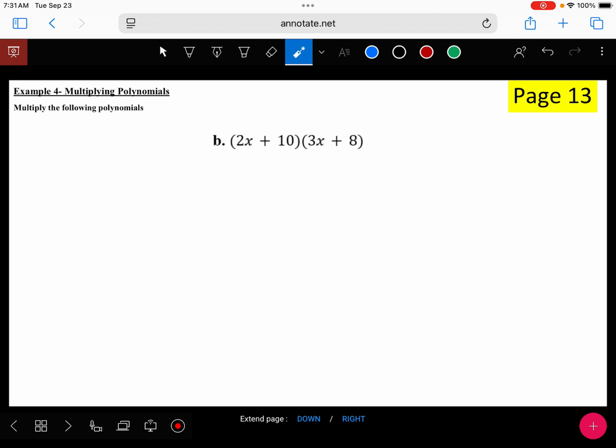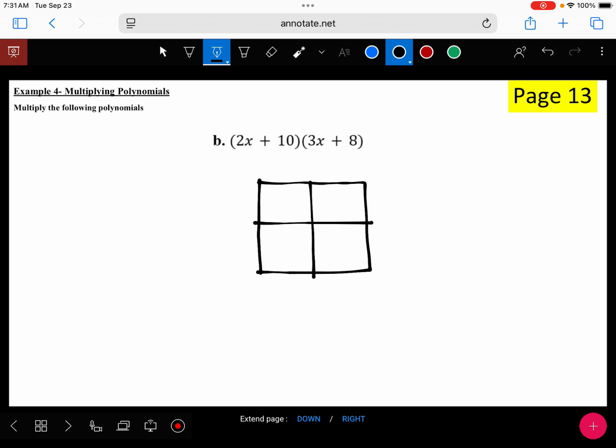All right, go ahead and make a box. Fill this one out. Fill in all 4 squares and combine your like terms.